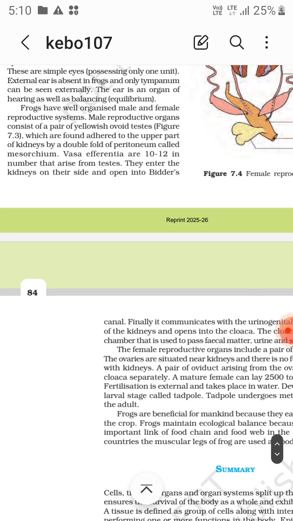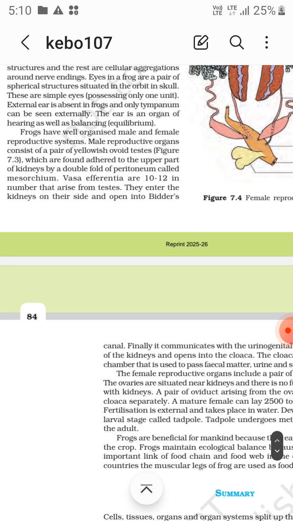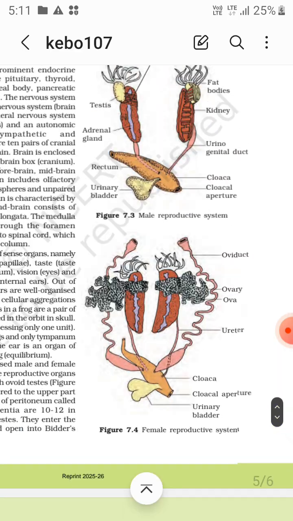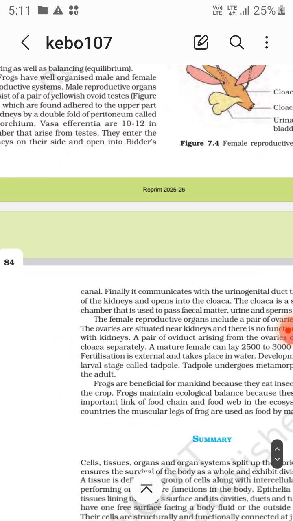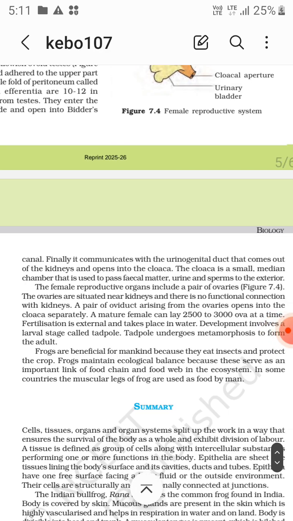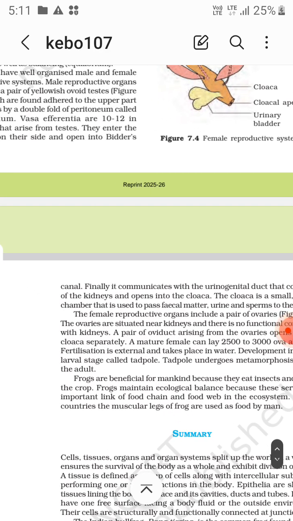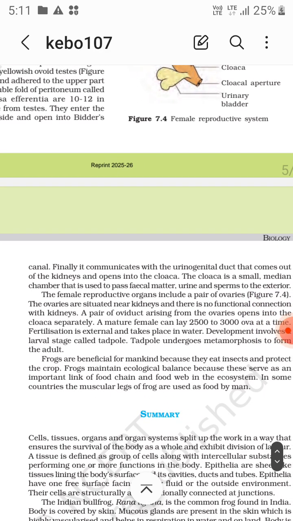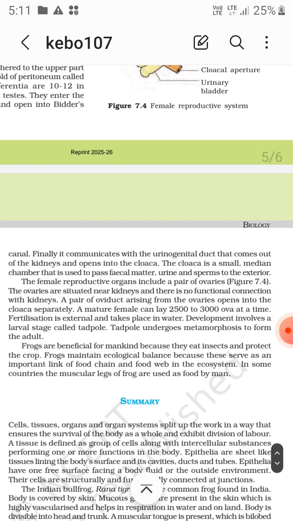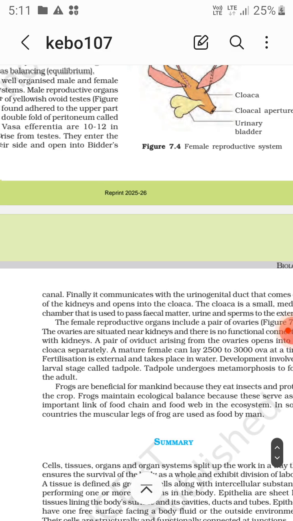They enter the kidneys on their side and open into Bidder's canal. Finally, it communicates with the urinogenital duct that comes out of the kidneys and opens into the cloaca.